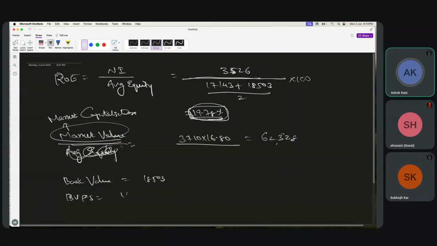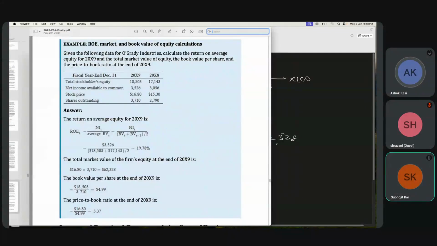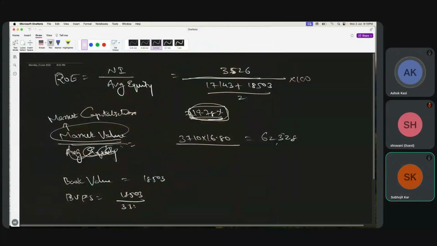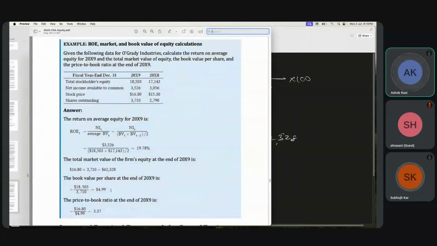Per share means 18503 divided by number of shares, 3710. Just calculate this. It's 4.98, so then 5, right? 4.9875. So book value per share 4.99.